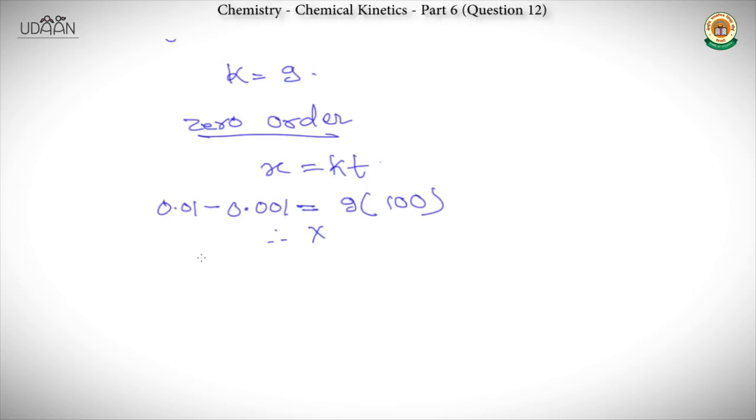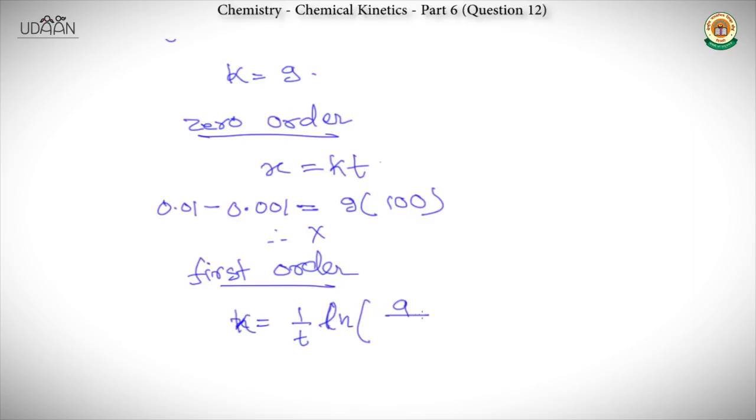Okay, so let us assume that this is a first order reaction, and for first order reaction, k is equal to 1 by t ln of a upon a minus x.